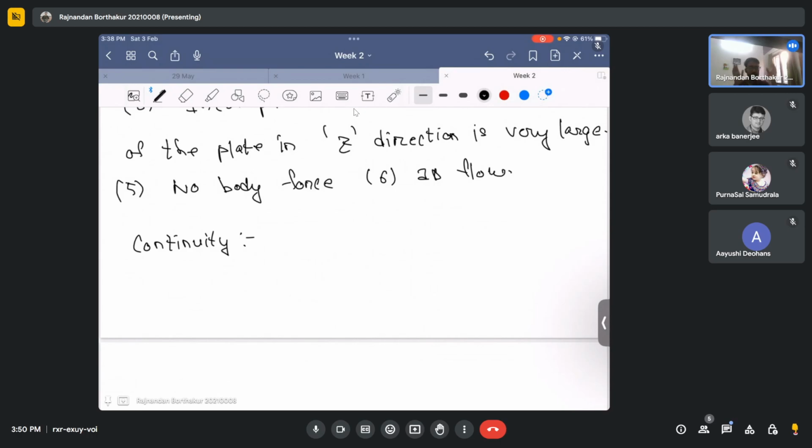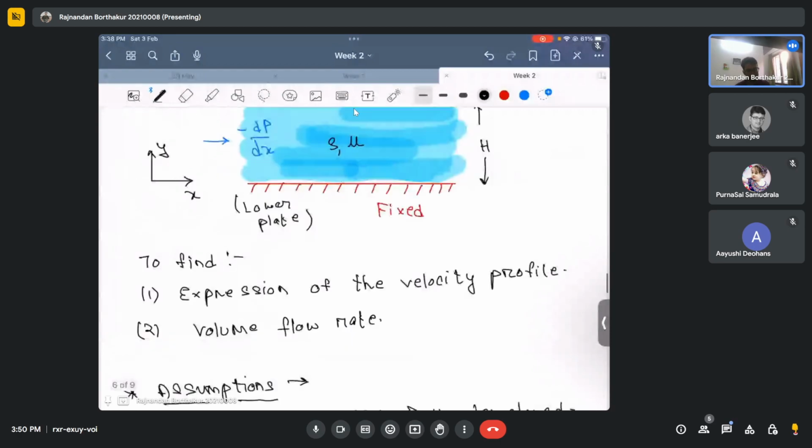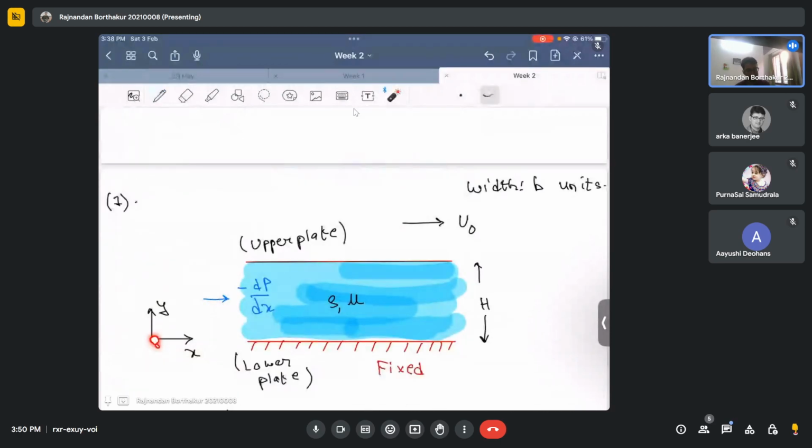Since it's a plate, we will solve this in the xy coordinate system, and as I have said, this is the coordinate system that we will follow. The zero of the coordinate system is coinciding with the lower plate here. y equal to h denotes the upper plate, which is moving with some u0.